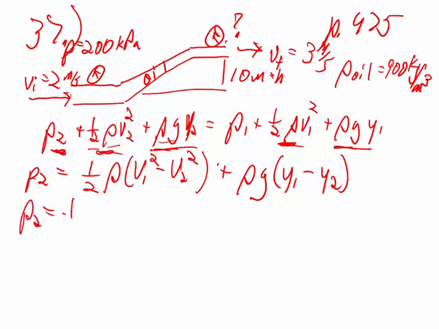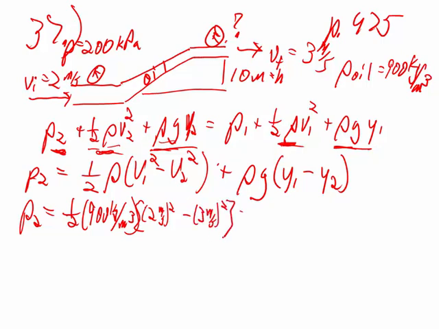So pressure 2 is equal to 1/2 the density of the oil, which is 900 kilograms per meter cubed, in brackets, V1 squared, well, velocity 1 is 2 meters per second squared, minus V2, which is 3 meters per second squared, close the brackets, plus the density of the oil, 900 kilograms per meter cubed, times 9.8 meters per second squared, brackets, Y1 minus Y2.